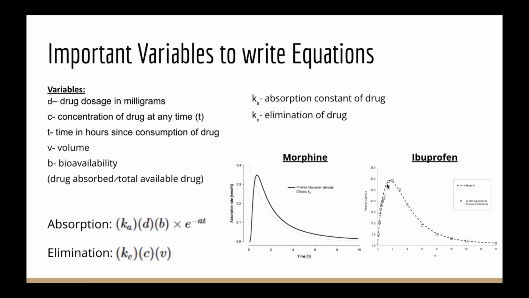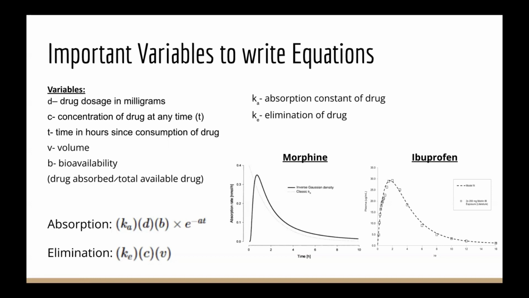Continuing on for our next variable, that variable is D. D represents the amount of medicine prescribed. For example, 2 tablets of morphine versus 1 tablet of morphine. Finally, for our absorption equation, we have B. B represents bioavailability. And in this case, this would be the drug absorbed divided by the total available drug.